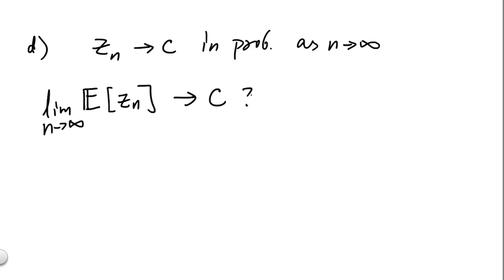Is that true? Well, intuitively it is true because in the limit, Zn almost looks like it concentrates on C solely, hence we might expect that the expected value is also going to C itself.